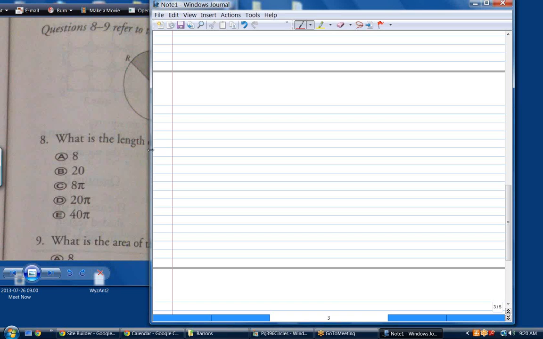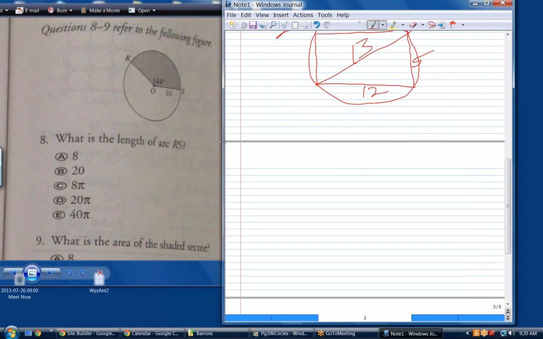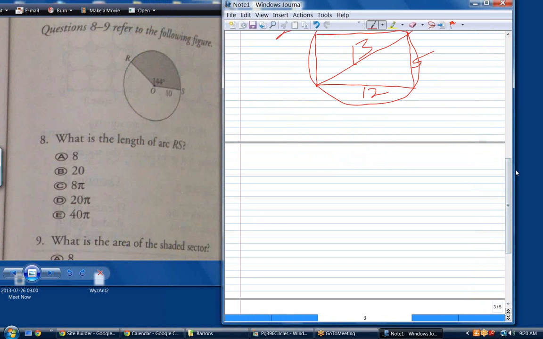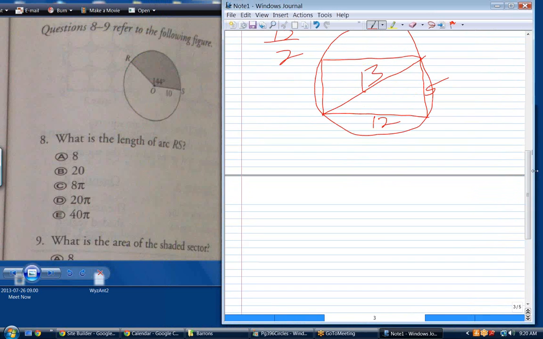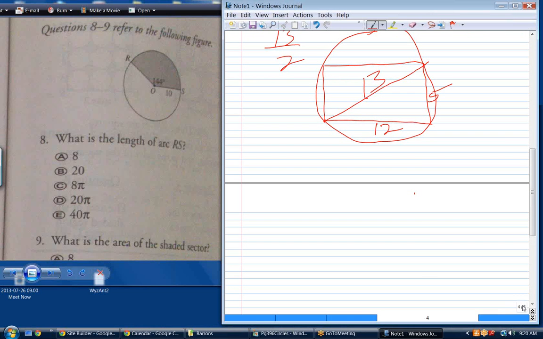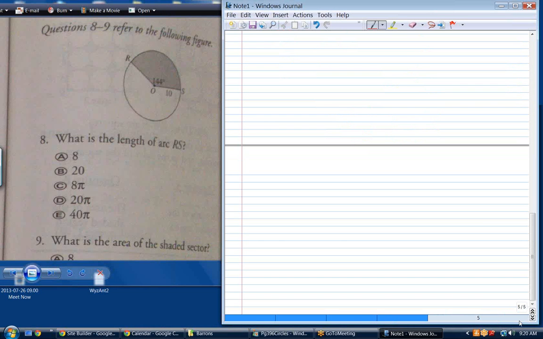As long as I don't cover it up. So the length from here to here.